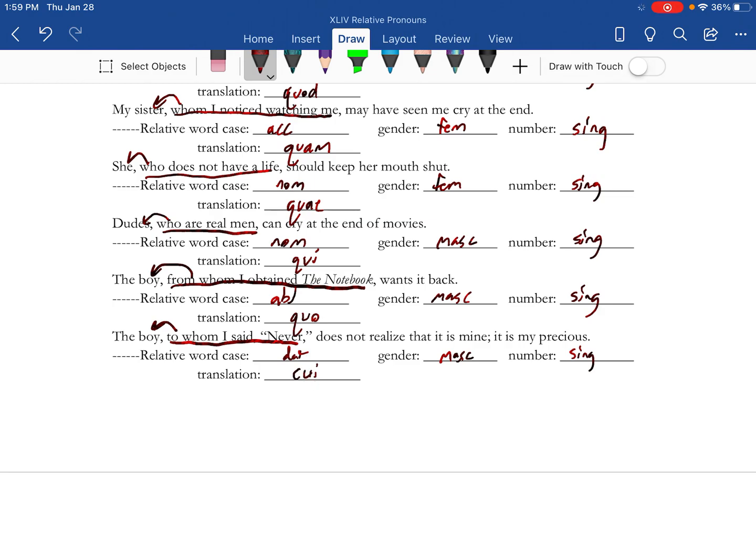So when you're trying to sort them out and you're going English to Latin, make sure you find the antecedent, which is a fancy way of saying the noun the pronoun replaces, and then that'll tell you the gender and number. But how it's used in the clause itself, within the commas, that'll tell you its case.